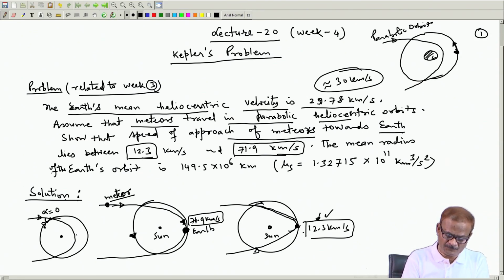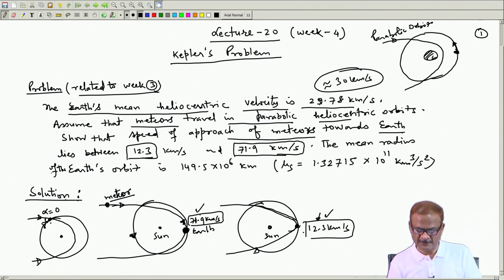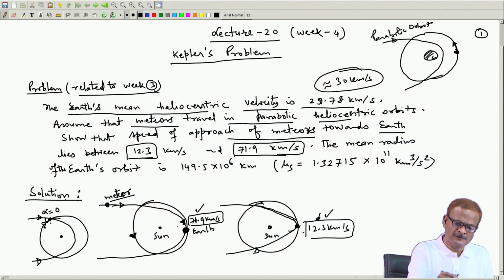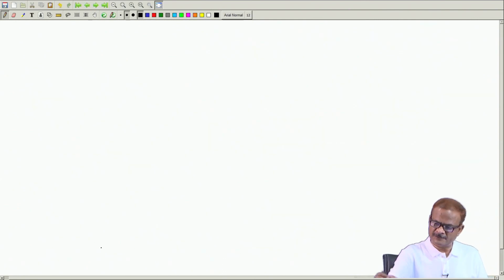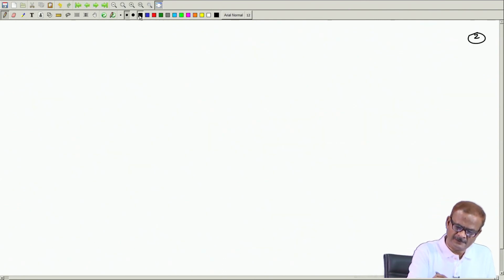On the other hand, if the meteor is going from this place and meets here, it will be in the opposite direction and then the impact velocity will be 71.9 kilometers per second. This we have to show. This is a very simple problem, but understanding it is required.